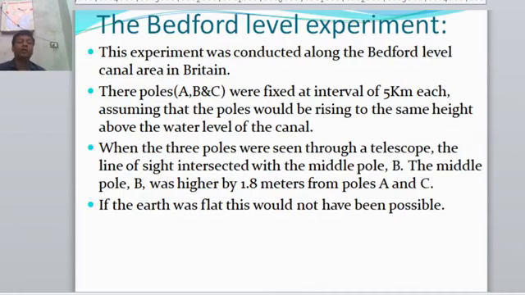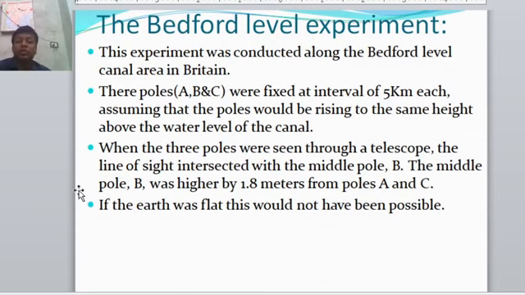Now last but not the least, the Bedford level experiment. Dear students, you can easily identify this through the experiment. In Britain, there is a canal, the Bedford level canal. This experiment was held on that canal.